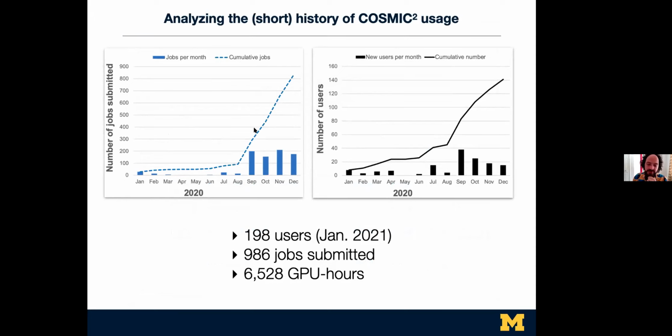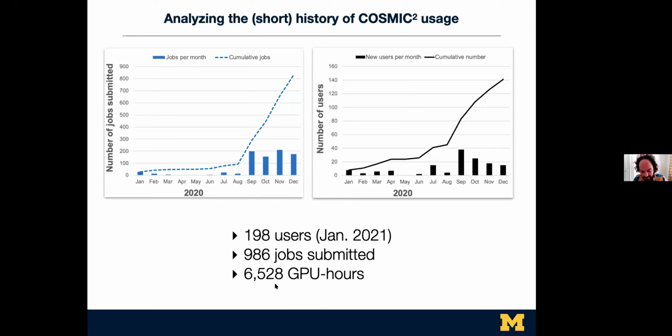We've had almost 1,000 jobs submitted through the gateway since September, and we've had up to almost 200 users, which we're excited about. We're excited to have anything that people are going to want to use. And I think that's part of what we're trying to do, is to add tools that people will use. And you'll see in a second that not all the tools we have are being used all the time. I think that's showing us usage patterns that we want to incorporate and think about what's the best way to use this kind of platform.